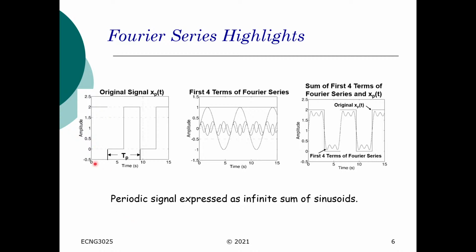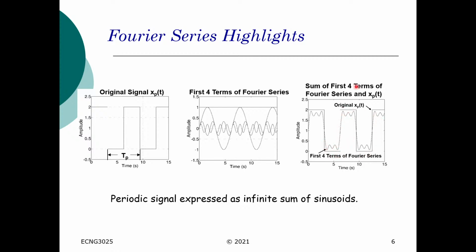So typically, let's say we had some square wave here, it's possible to apply the Fourier series to obtain its representation of cosine waves and sine waves. You may actually see this when we start doing this, but when we add the first four terms of the Fourier series, you see that it starts to closely approximate the original signal.